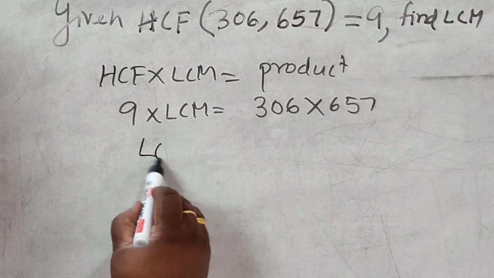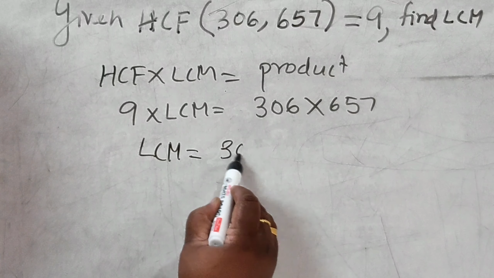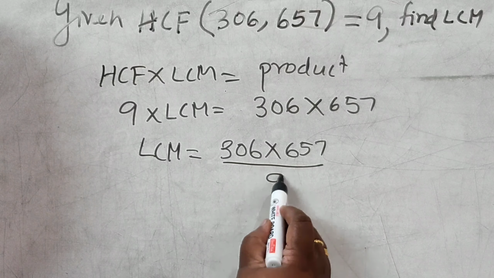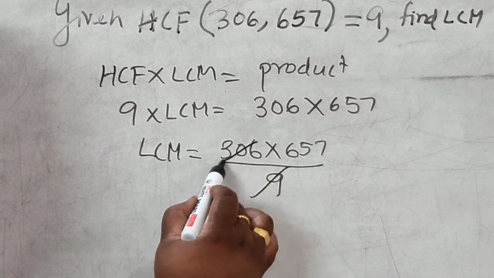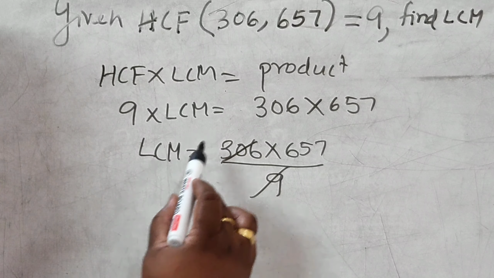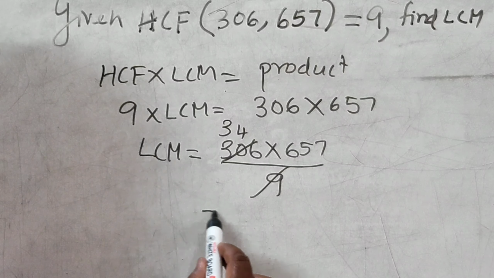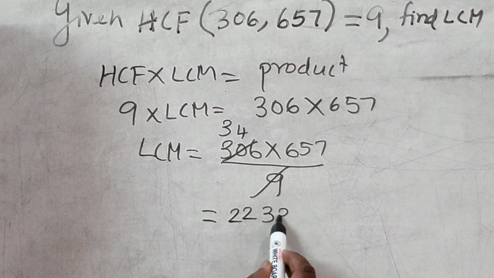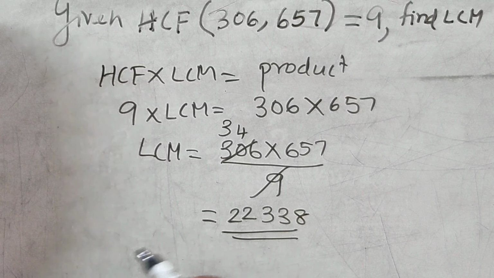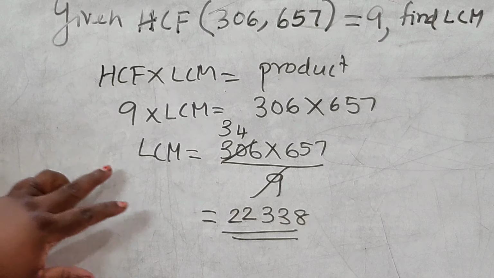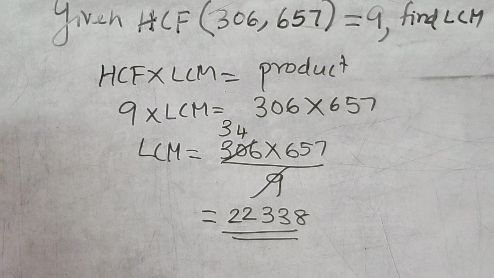From there, LCM equals 306 into 657, the whole divided by 9. 9 and 306 we can cancel. It is 34, and 34 into 657 is 22338.